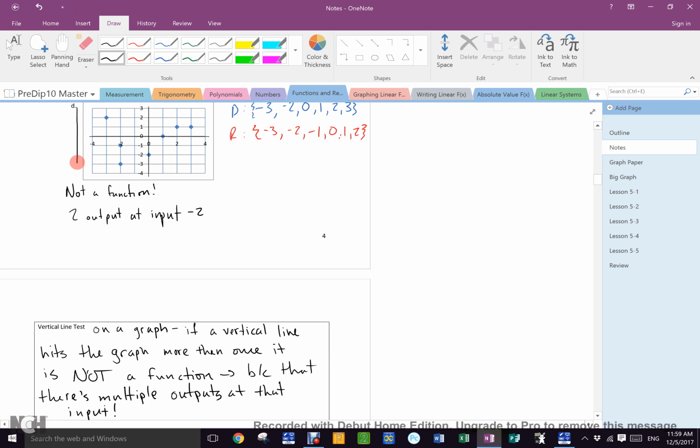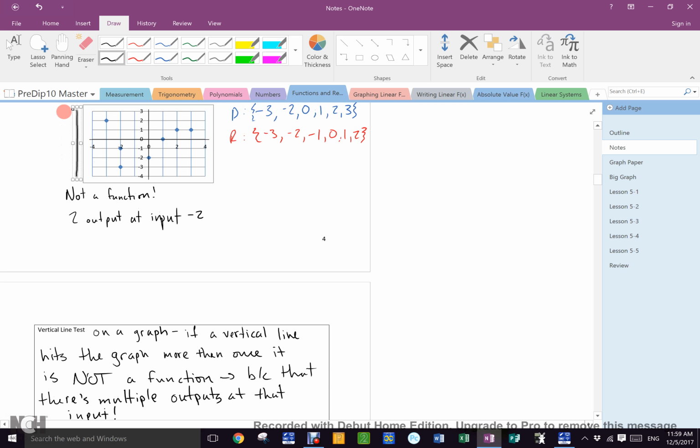There is a lovely freehand vertical line, and now it is going to truck across the page. Darn it! What happened there? There's 2 dots. So it can't be a function.